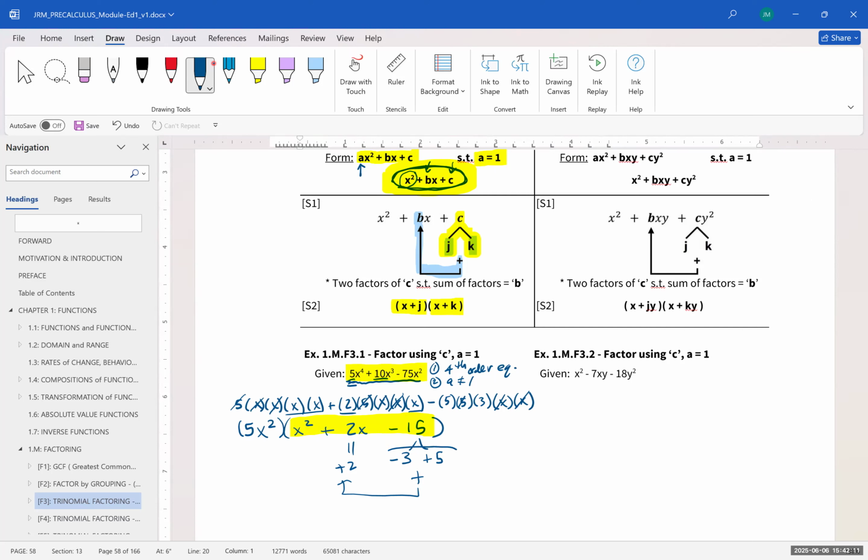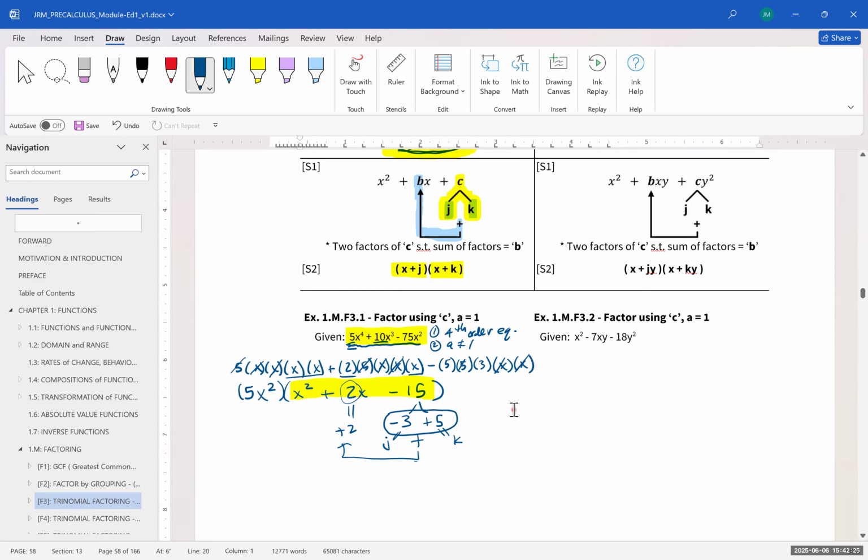So now we found our two values, j and k, that when added together will sum up to this value of b. So what that means is we should be able to write this trinomial in this form: x plus j times x plus k.